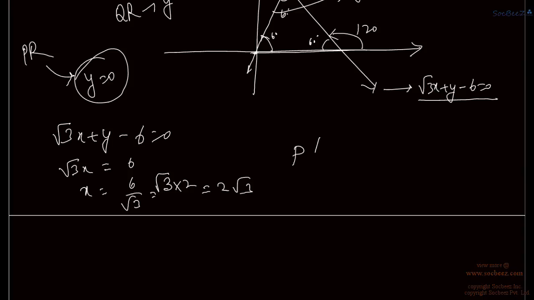So the coordinate of point P is (2 root 3, 0). Similarly, we can find the coordinate of point Q by putting y is equal to root 3x, as the equation of line QR is y is equal to root 3x.